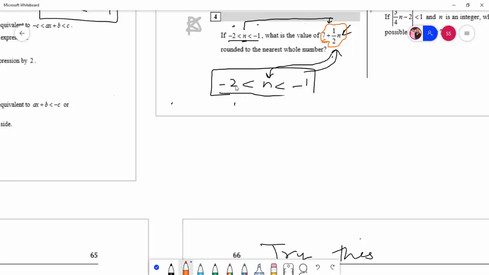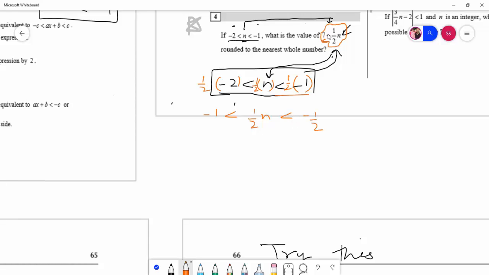So I'll multiply 1/2 to everything: 1/2 here, 1/2 here, and 1/2 here. So I'll get -1 is less than half of n is less than -1/2, right? Because -1 multiplied by half is -1 by 2, right?